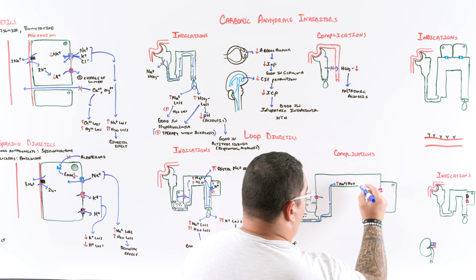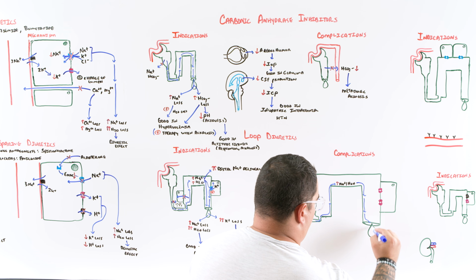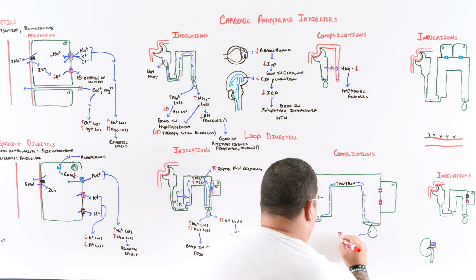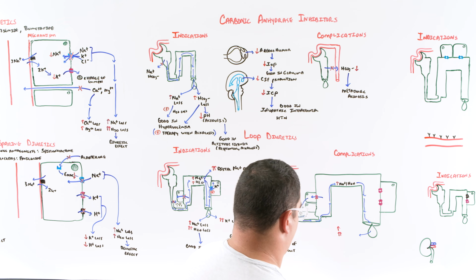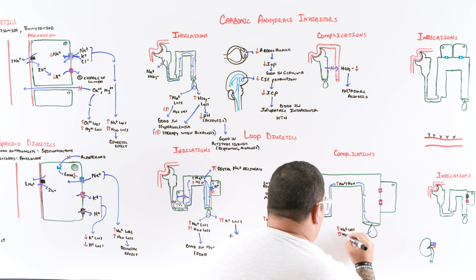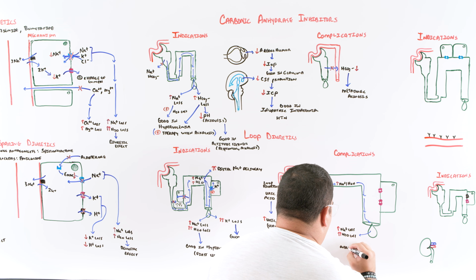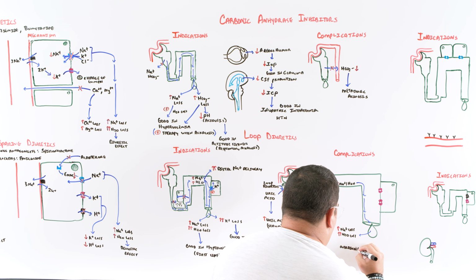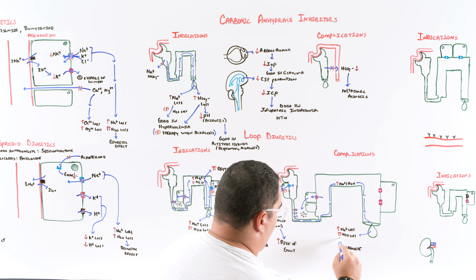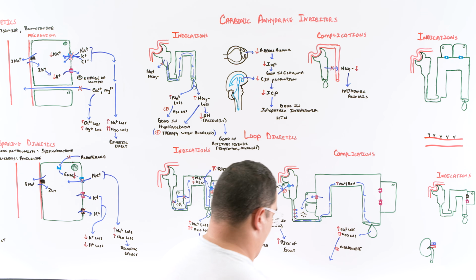Now, one of the benefits of this is that it's going to induce diuresis. And so this patient can get a heavy amount of sodium loss and a heavy amount of water loss. The downside to this in a patient is if you do too much, if you over diurese the patient. In other words, you take off too much fluid, you can actually induce hypovolemia.